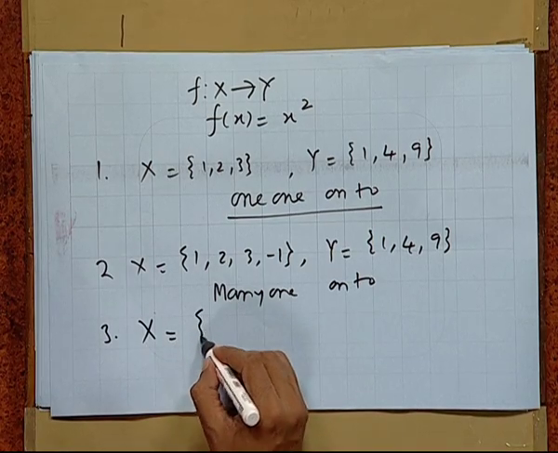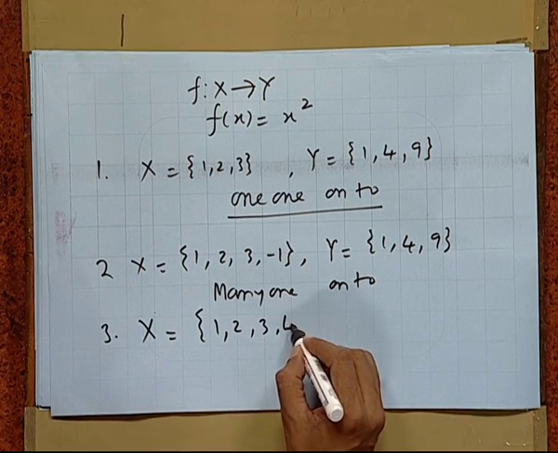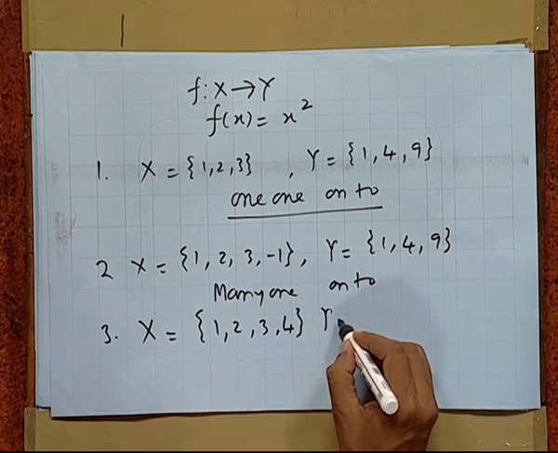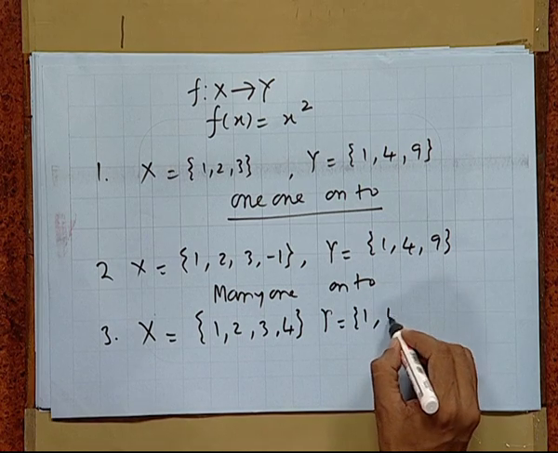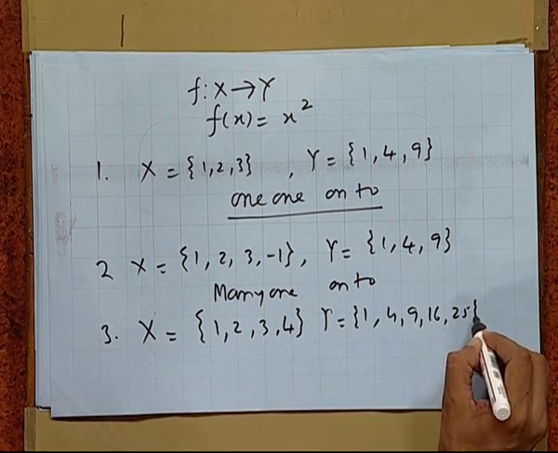Take the third case. X is 1, 2, 3, 4, Y is 1, 4, 9, 16, 25. First question, is it a function?